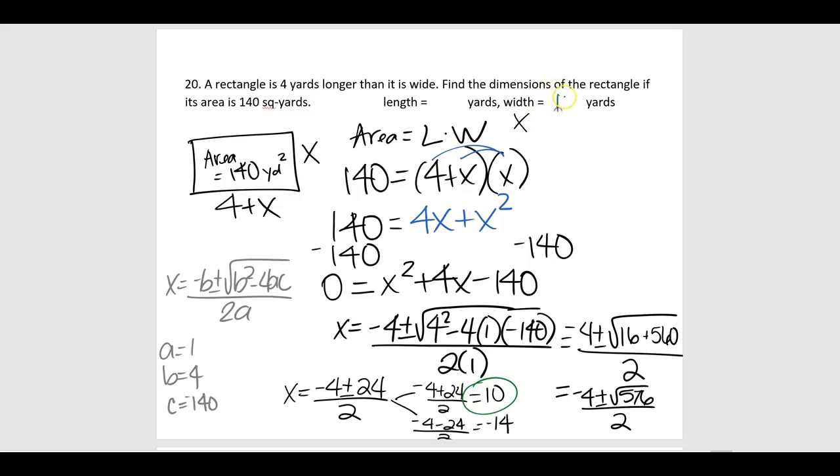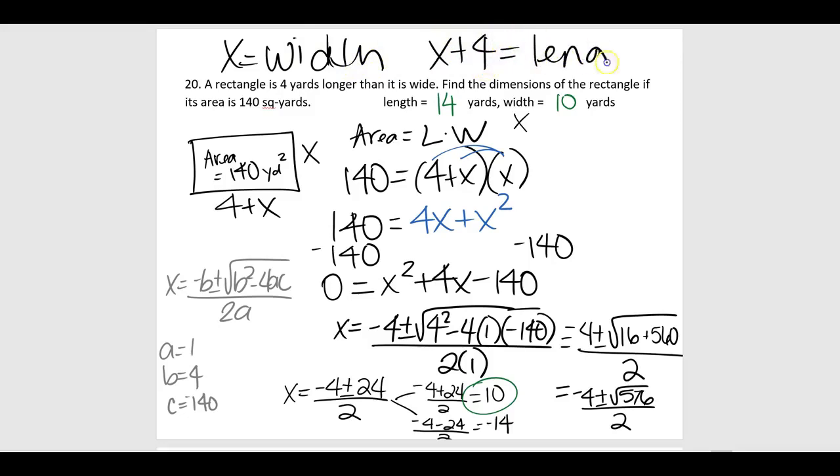So the width is 10. And then if the length is 4 yards longer than the width, then the length would be x plus 4, which would be 14. So make sure you label x represented the width, and then the length is x plus 4, or 4 plus x. So that way you can put the right answer in for the right spot.